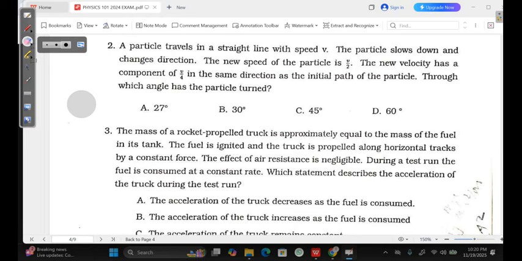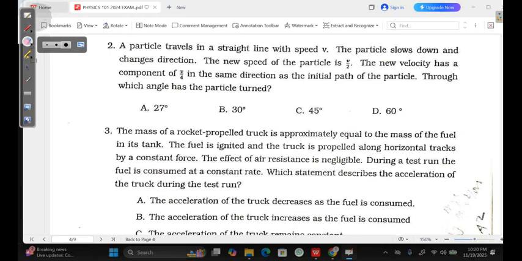In math, for example, they just give you a rational function and say sketch. Even if you don't know how to interpret sketching, you can still do that. But physics now: a particle travels in a straight line with a speed of v.